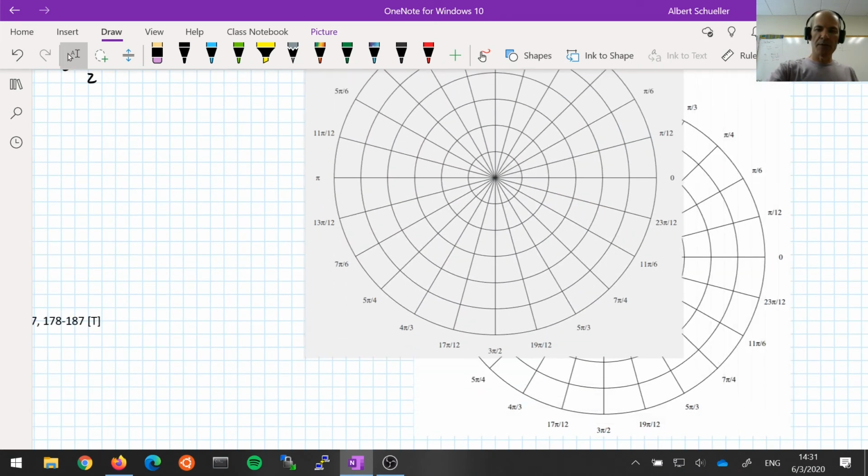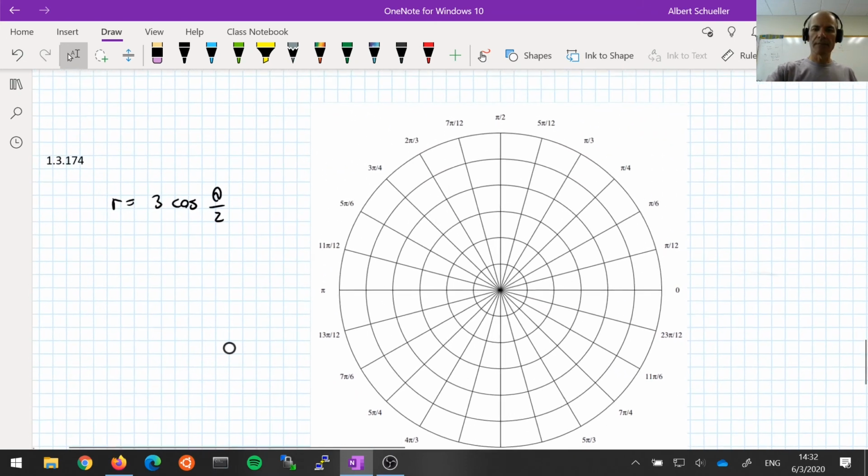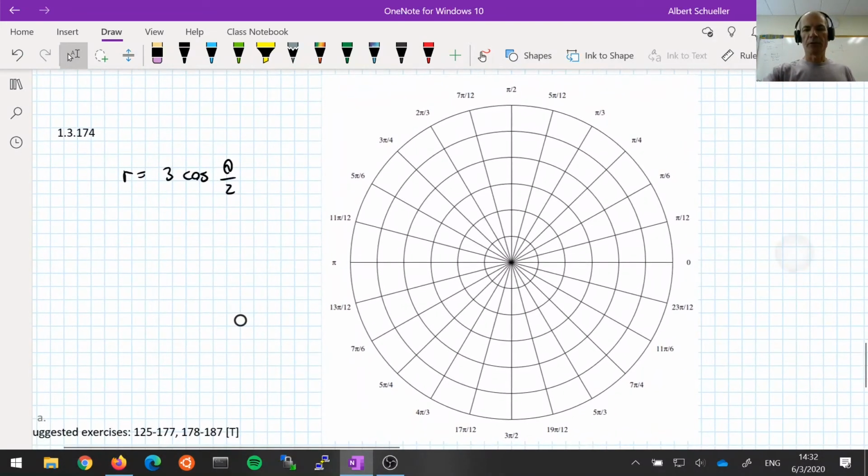And maybe move it up here a little bit. All right. Well, here we go, folks. We are going to plot selected values of theta, plot r versus theta, and see if we can figure this out. So I'll start here with a list of theta values and compute the corresponding r values.